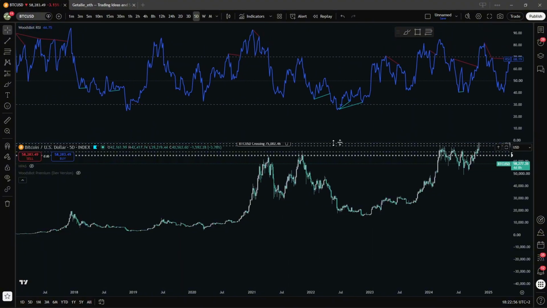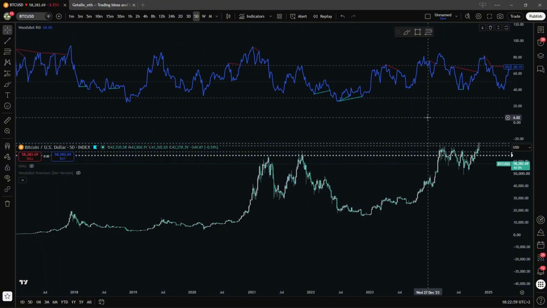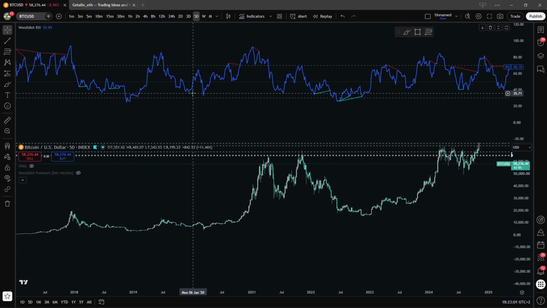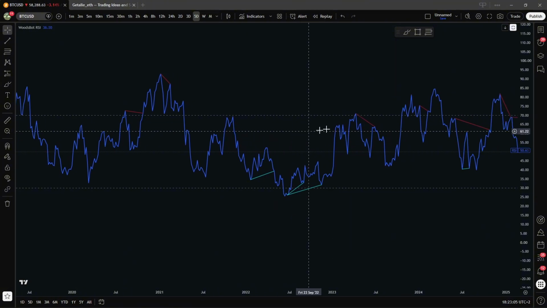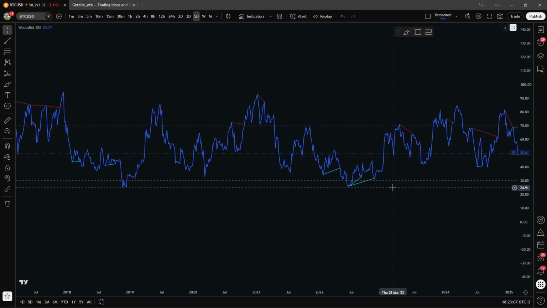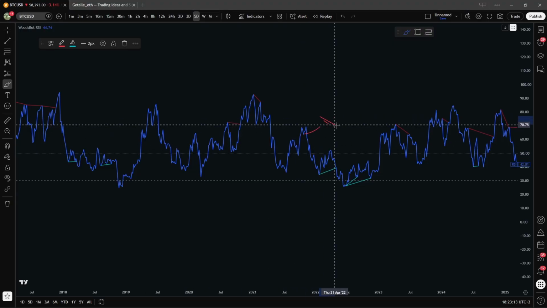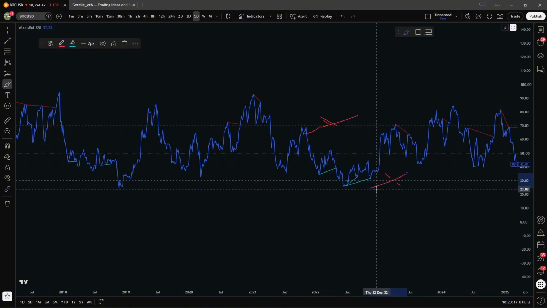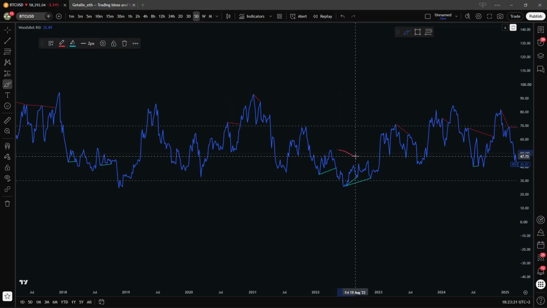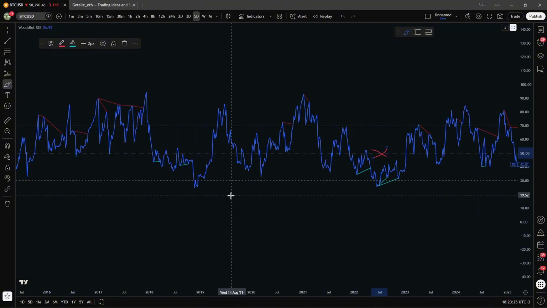Now this is for the oversold and overbought area. Another thing that we have that is acting as support and resistance on the RSI: okay, we have this 70 area, the overbought area, then we have the 30 area, the oversold area, right? And then we have the middle, which is the 50 area.